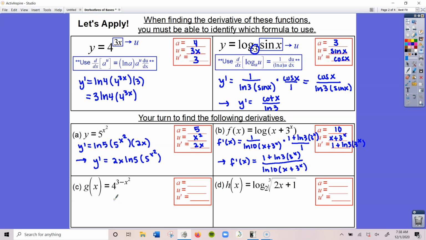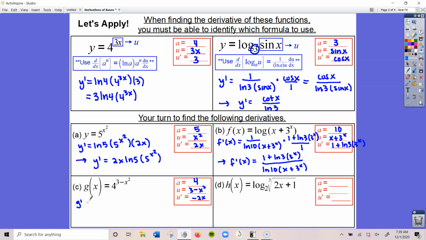Moving along here to c, we have another exponential function, 4 raised to the 3 minus x squared. Now here my base would be 4, u would be 3 minus x squared, and so u prime would be negative 2x. And now we're ready to write the derivative.